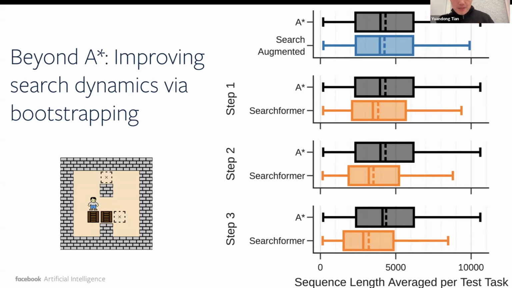But after you do these iterations multiple times, the length of the search trace, while still giving the optimal plan, shifts towards the left. This means that the average length of the Searchformer trace is shorter than the search trace of A star. That's why we call this paper Beyond A star.